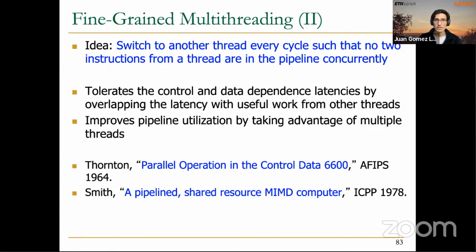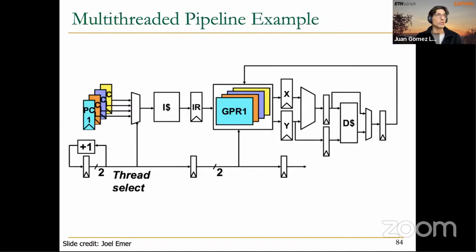And while we are waiting, we can start scheduling instructions from other threads, and this way make good use of the pipeline. You can see a pipeline here where you can easily identify the different general purpose registers, with different colors meaning different threads, and also the different program counters.